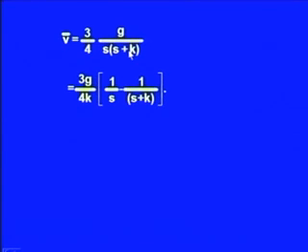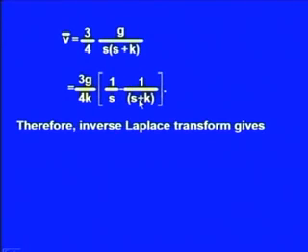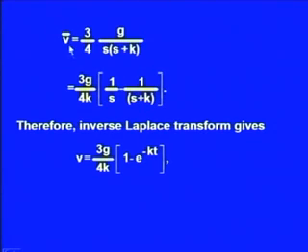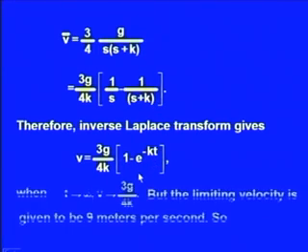Let us bracket into its partial fractions. v̄ will be 3g/4k into (1/s − 1/(s + k)), and when we take the inverse Laplace transform of this equation, we shall have the value of v, which is 3g/4k into (1 − e^(−kt)). Inverse Laplace transform of 1/s is 1, and inverse Laplace transform of 1/(s + k) is e^(−kt).